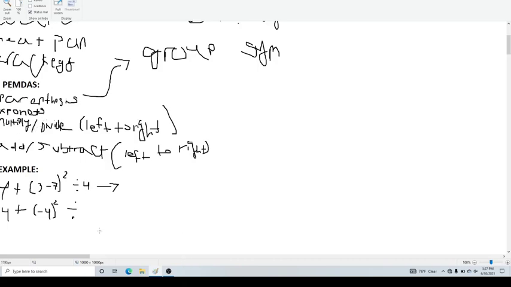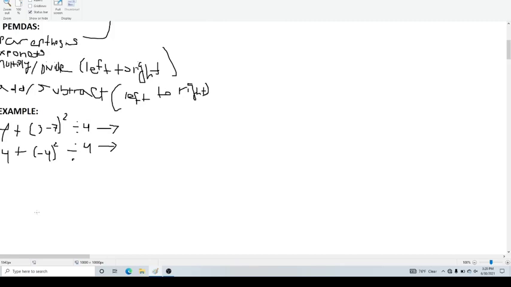Well, yes, there is. There's one right here, this squared. So what we're going to do is square minus 4, and we know minus 4 squared is the same as 4 squared, so it's going to be 16. So we have 4 plus 16 divided by 4.